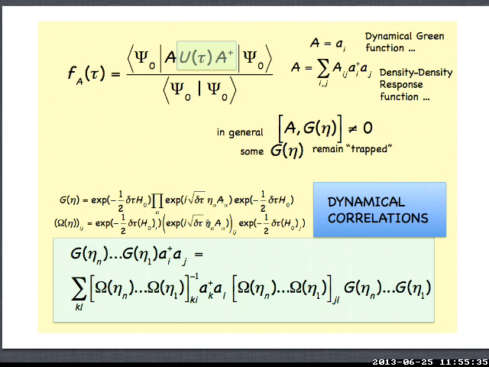If you take tau equal to n times the time step, you have n operators G. Then they reach an operator which could be simpler to construct a Green function, but we would like to do density response function. One has two operators, one creation and one destruction. And this can be worked out.